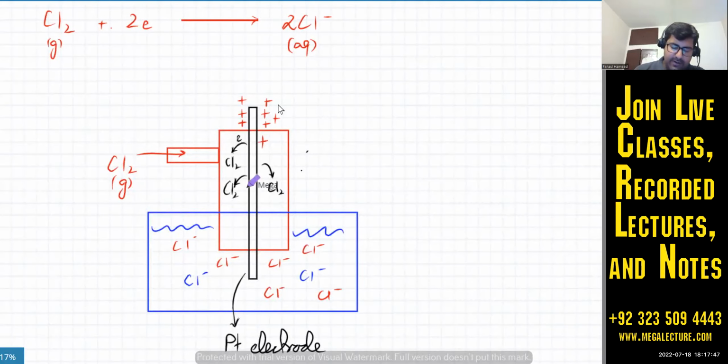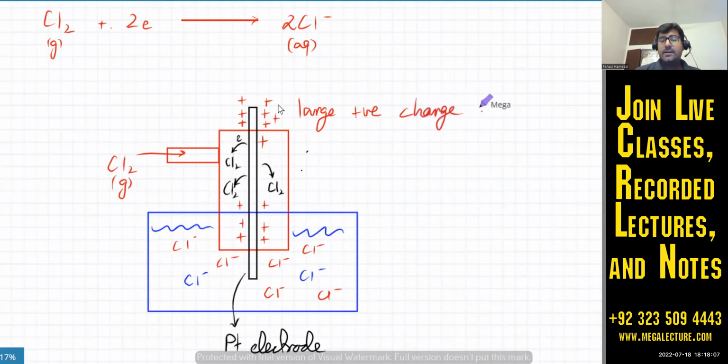So your metallic rod is becoming more and more positively charged, right? As Cl2 continues to remove electrons from it. But at a certain point, the positive charge would become very large. And if there's a very large positive charge, what will happen?